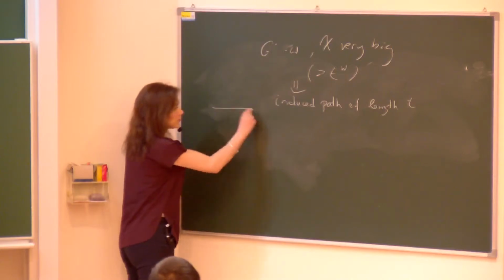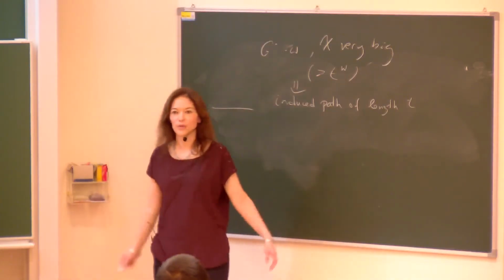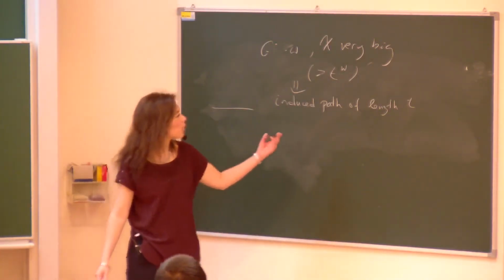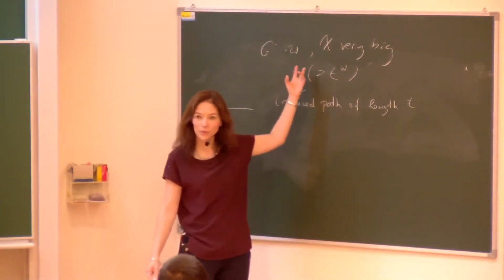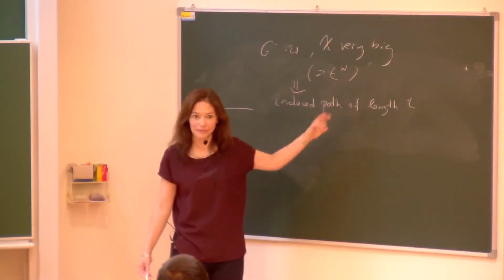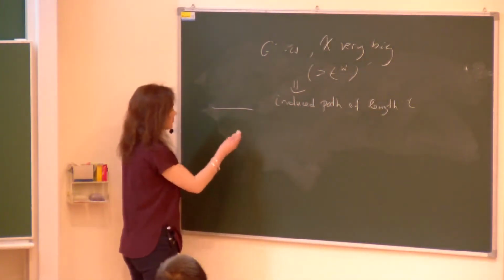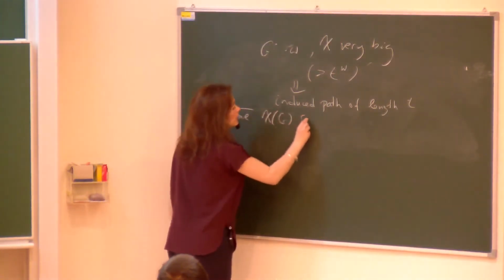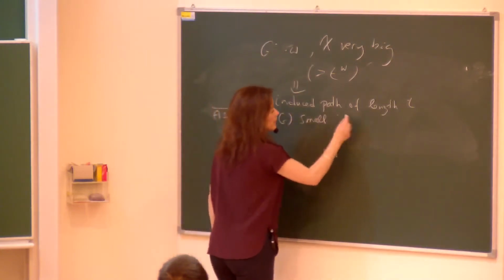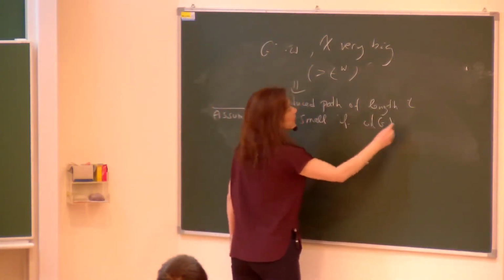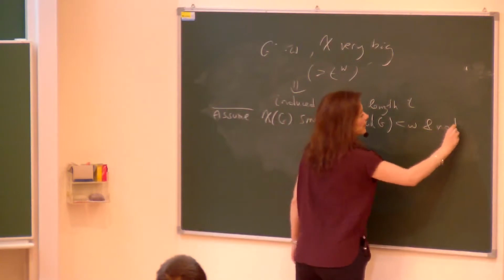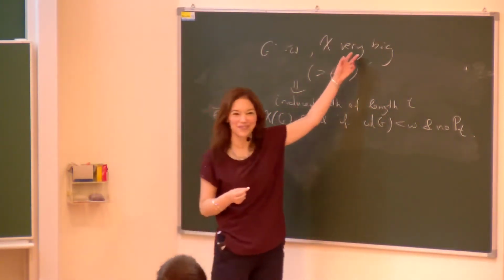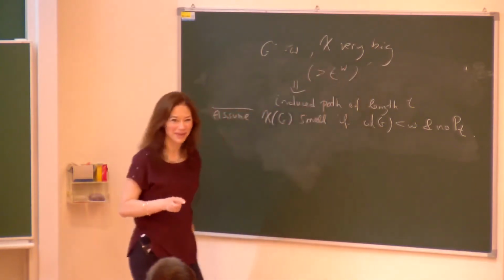And the way these proofs always work, you assume that you know everything you want for smaller clique number. So you know that graphs with no path of length t and clique number omega minus 1 have small chromatic number. So assume chi of G is small if omega of G is less than omega and G has no path P_t. Small in the same sense that this is very big. Small is much smaller than very big.